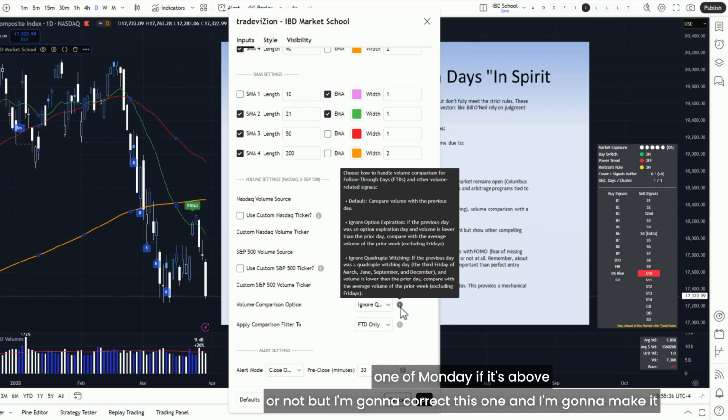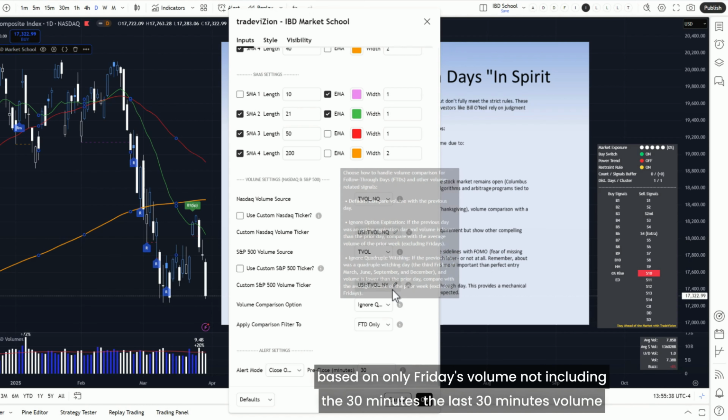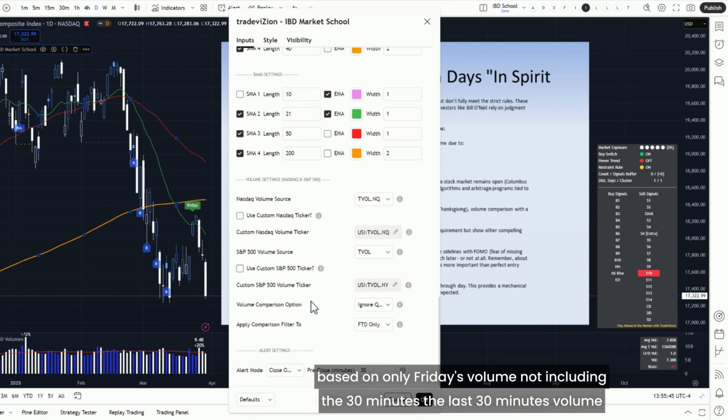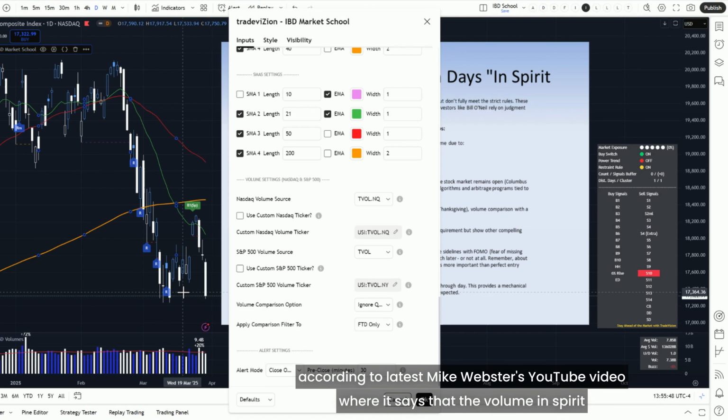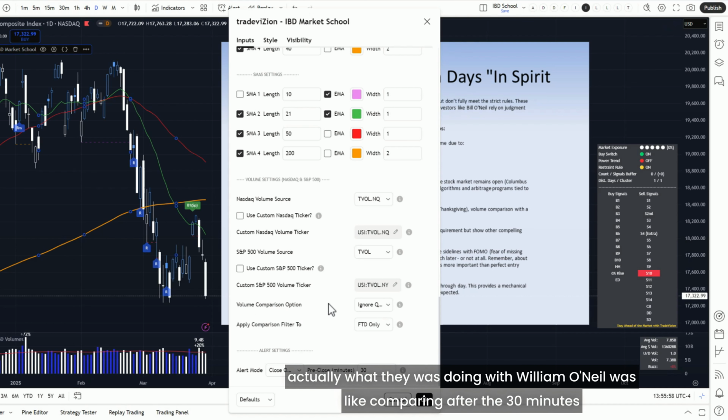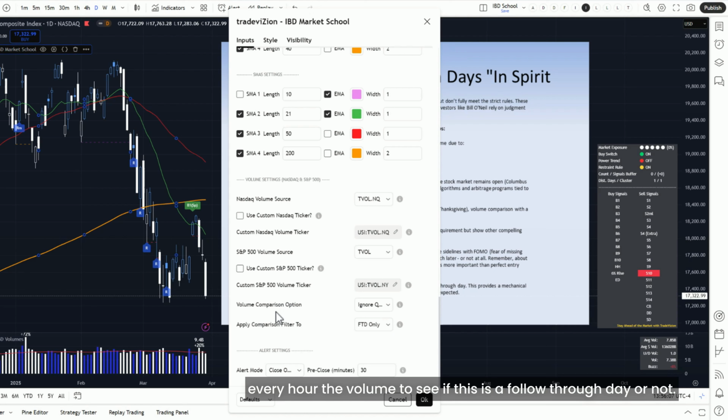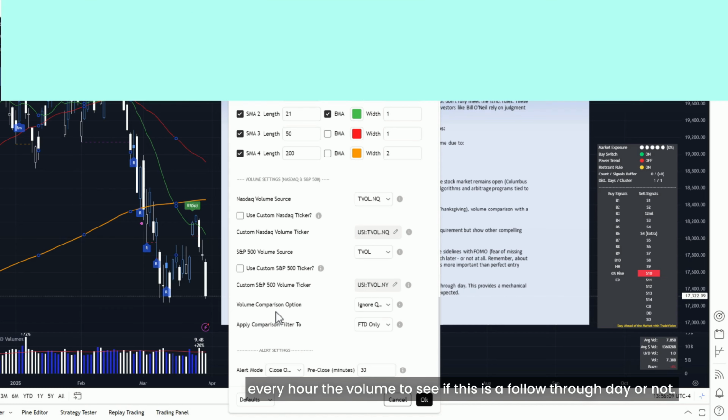But I'm gonna correct this one and I'm gonna make it based on only Friday's volume, not including the last 30 minutes volume, according to the latest Mike Webster's YouTube video, where it says that the volume in spirit, actually what I was doing with Williams G&L was like comparing after the 30 minutes every hour the volume to see if this is a follow through day or not.